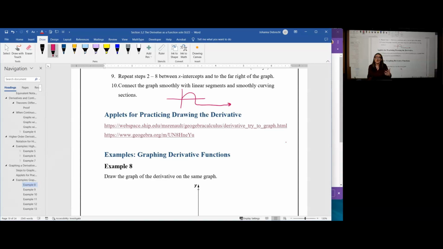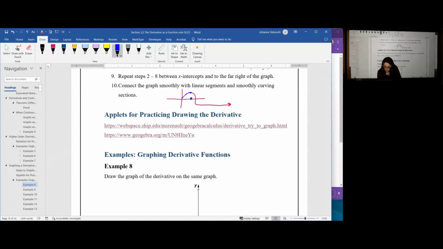The derivative of the constant function is 0, because the slope of the tangent line of a horizontal section is 0. So when I graph the derivative, this one starts out relatively positive, and it looks like it just decreases until I get to here.